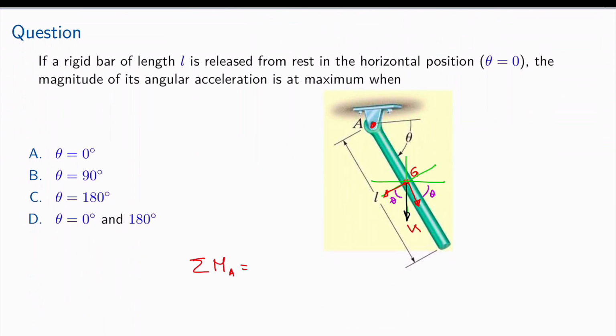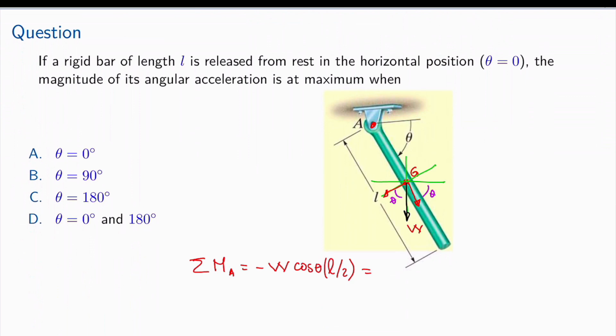So it is minus W, because it is in this direction, towards the paper. It's minus W multiplied by the cosine of theta, because it is this component of the vector W, and multiplied by this length, which is L over 2.